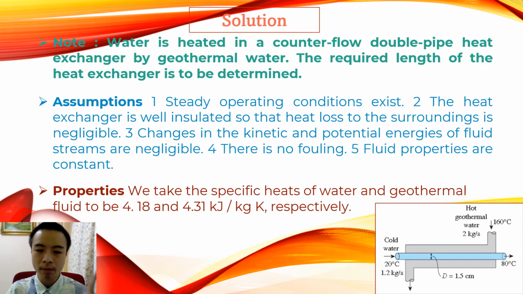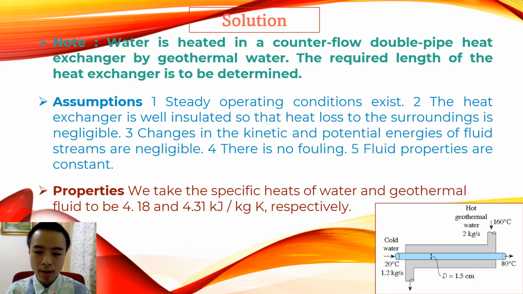The first one is that steady operating condition exists. Next, the heat exchanger is well insulated so that heat loss to the surrounding is negligible. Then, changes in the kinetic and potential energy of fluid streams are negligible. Besides, there is no fouling.